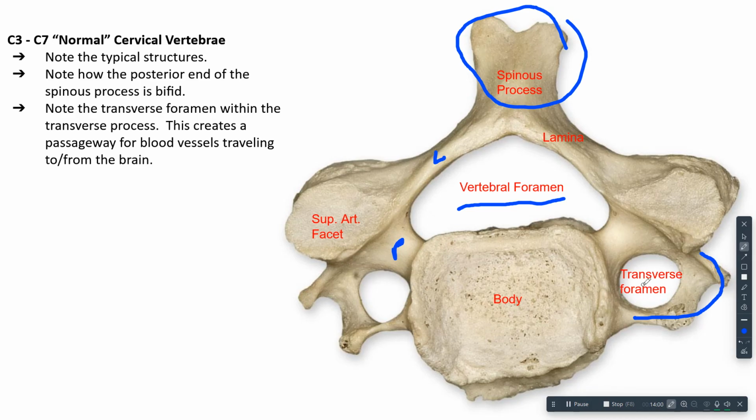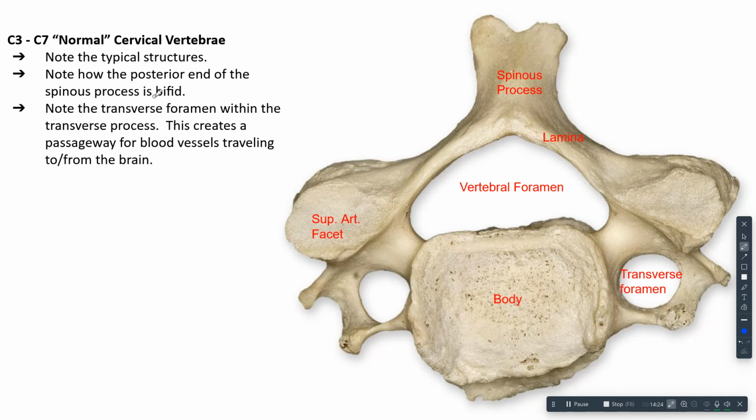That hole is called a transverse foramen. There's one on each side. There will actually be blood vessels in here, a major artery and vein going up to take blood to and from your posterior brain. So that's a unique feature. Also notice that the spinous process here is split.